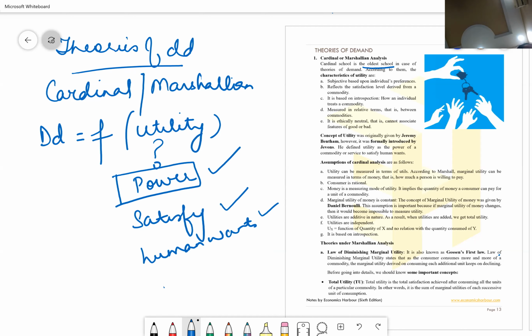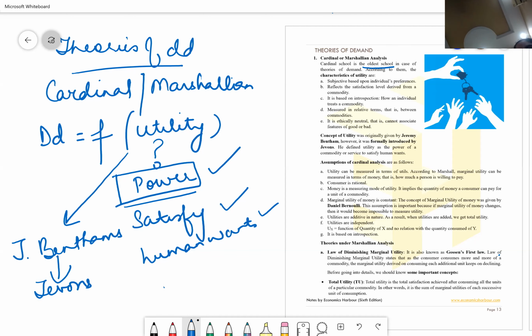So utility is the power of a commodity to satisfy the human wants. The concept of utility was originally given by Jeremy Bentham, but it was formally introduced by Jevons, right?